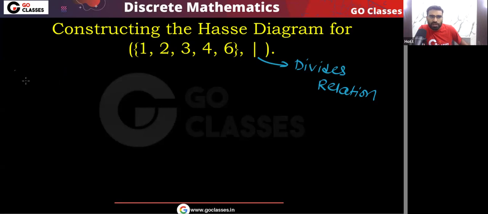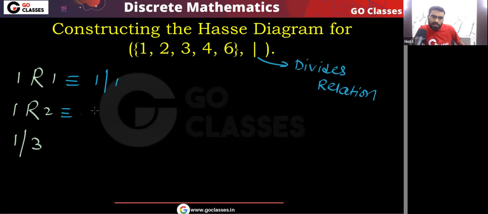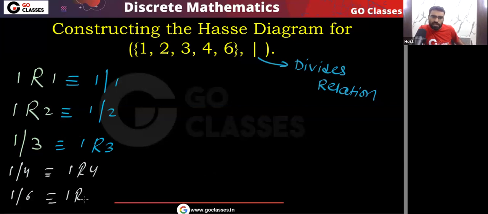You can see that is 1. 1 divides 1, 1 divides 2. Yes or no? You can see 1 divides 3. Your relation is divides, so that is the same as 1 related to 1, 1 related to 2, 1 related to 3. So very simple, you can start from the bottom, that is 1. Remember 1 divides 4 also, and 1 divides 6 also. So 1 is related to 4 also, and 1 is related to 6 also.